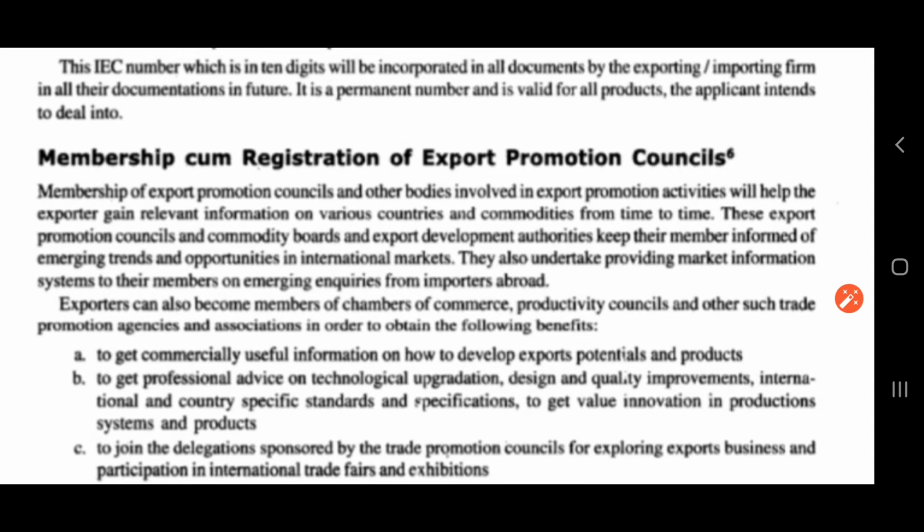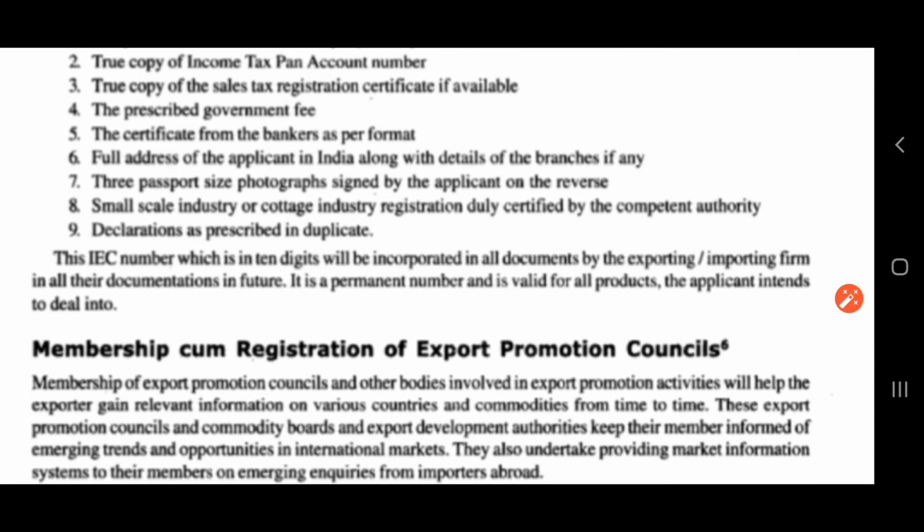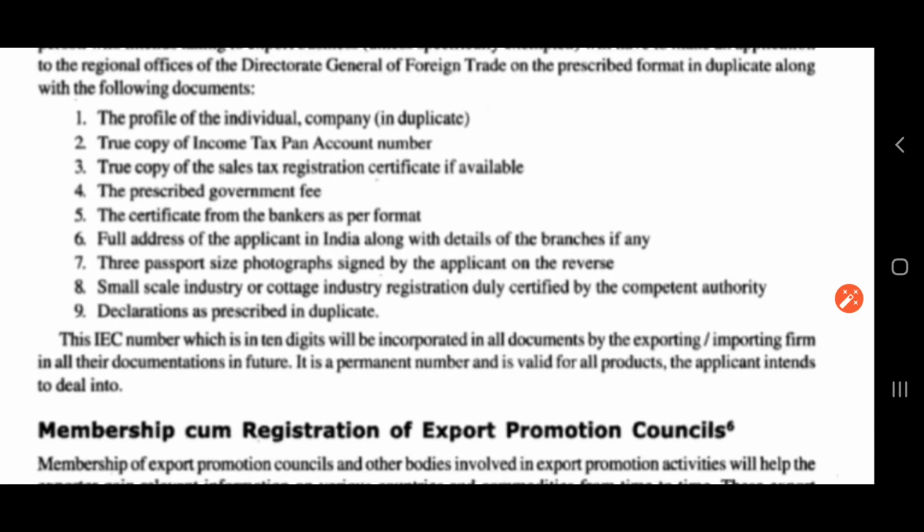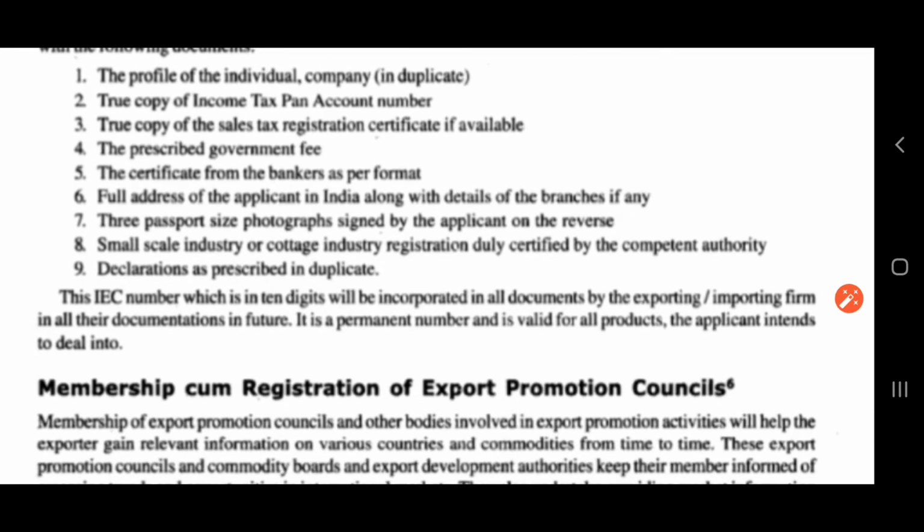And next, once the organization or the firm has obtained this IEC number, it is important to get membership, or registration, in export promotion councils. You should get the membership, because nowadays for any industry there are many associations which help each other.